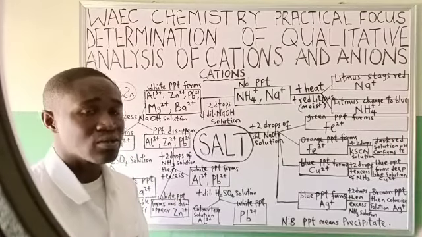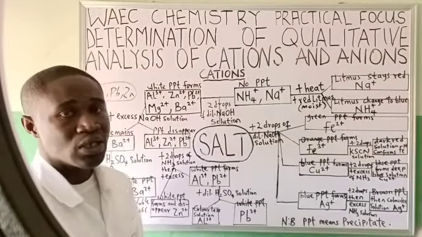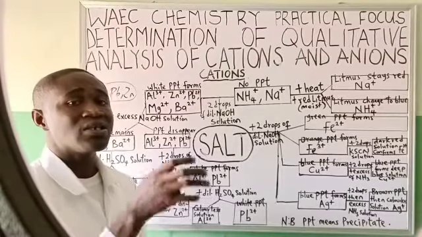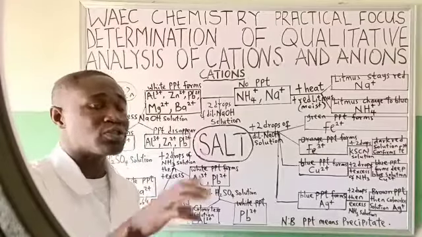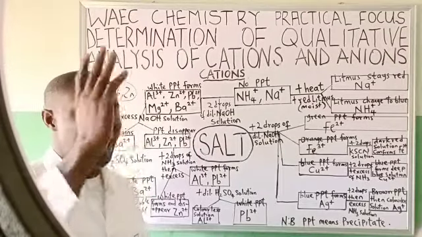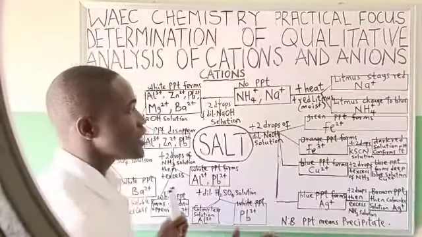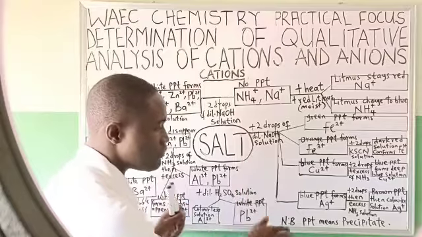But for Group 1, the precipitating reagent is dilute HCl. Group 2 is H2S in acidic form. So you will be talking about precipitating reagents for all the groups at university level. What we concentrated on is the WAEC or secondary school level.